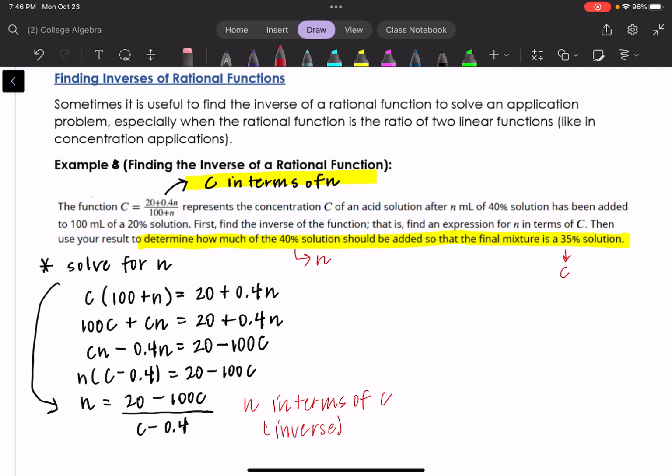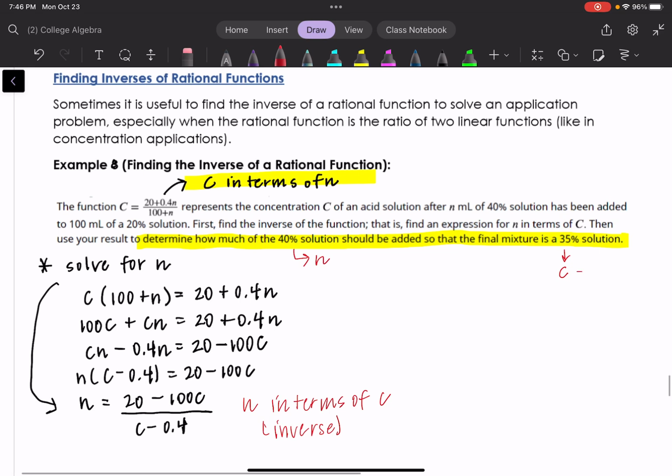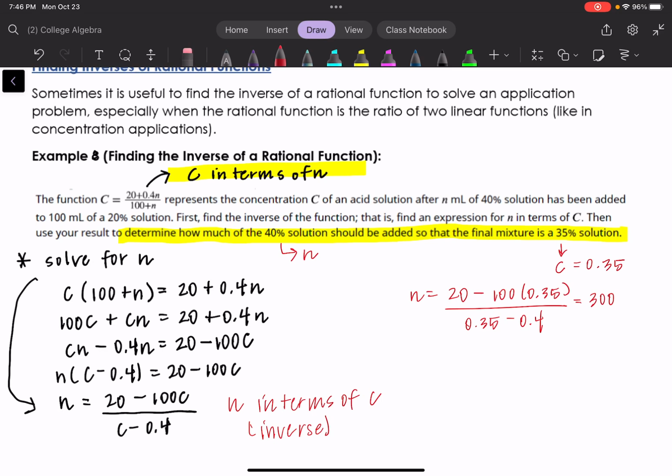And so we'll plug in C equals 0.35, and then it will give us N, the amount of the 40% solution we need to add. So this will be 20 minus 100 times 0.35 over 0.35 minus 0.4. And I'll get that. That should be 300.